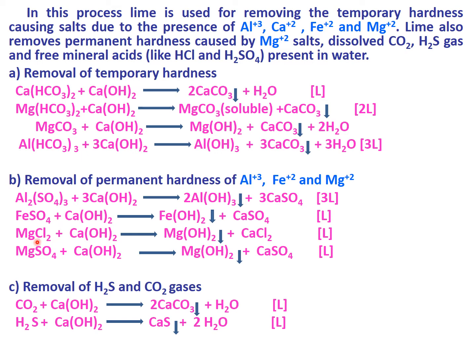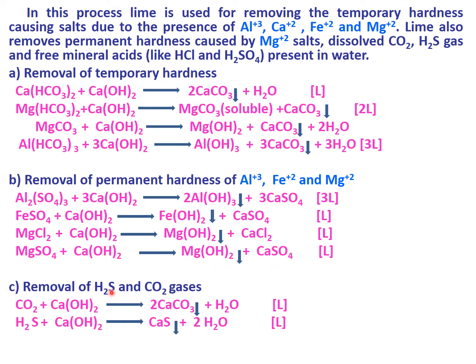Next example, magnesium chloride will also react in a similar manner with the lime and make magnesium hydroxide as an insoluble salt. Similarly, if magnesium sulfate is present in the hard water, then it will also react with lime in equal mole and make magnesium hydroxide and calcium sulfate.